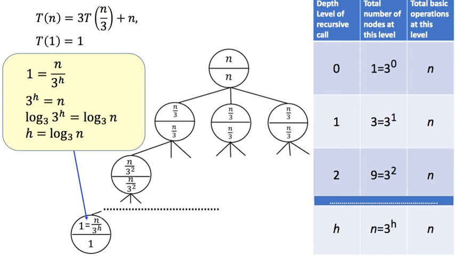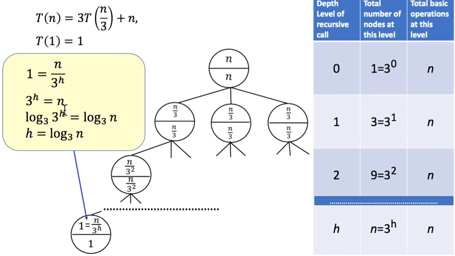First of all, to answer this question, we need to know the height of this tree. From the input size of a node at the last level, we can calculate the total height of this tree. Because at the last level, input size is 1, and it is also equal to n over 3 to the h. From here, we can multiply this equation by 3 to the h. Both sides of this equation will obtain 3 to the h is equal to n.